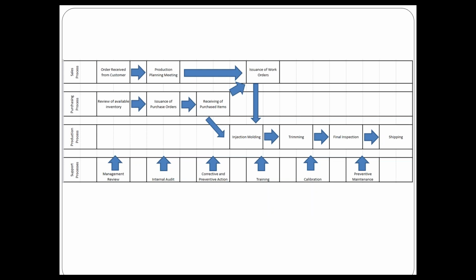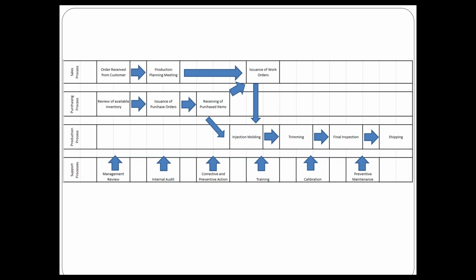Here's another model. This one is typically referred to as swim lane. You'll note in the left hand part of your screen here, we have 4 named processes: sales process, purchasing process, production process, and support. Therein, we have a representation of how sales and purchasing operate somewhat independently of each other.